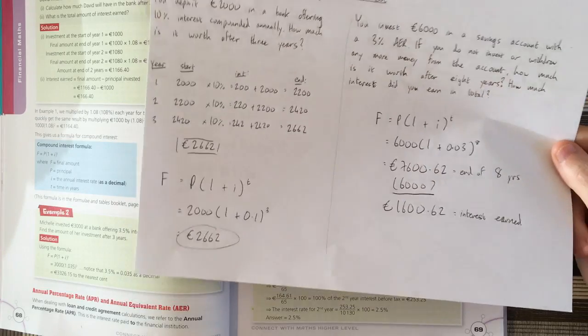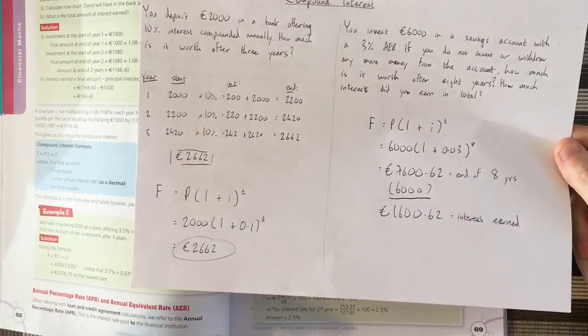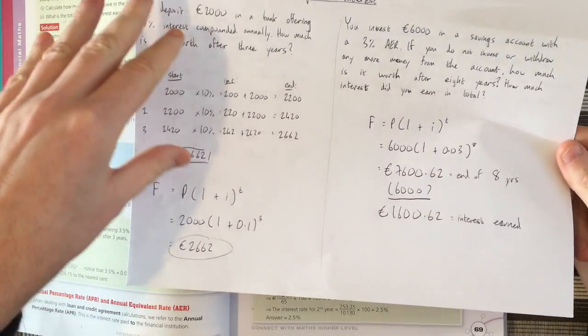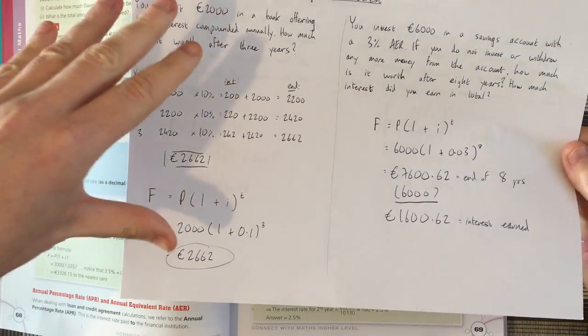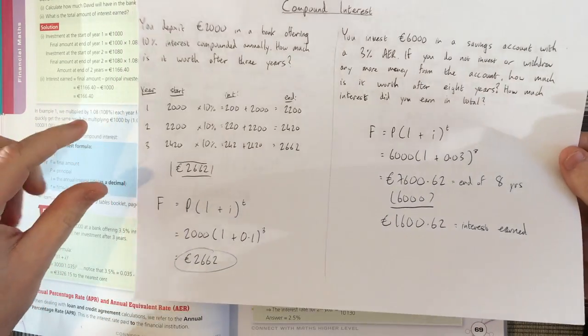All right, so the compound interest formula that we were looking at the last day is very useful and it is a time saver. But I mentioned during that video, it has its limitations, okay?